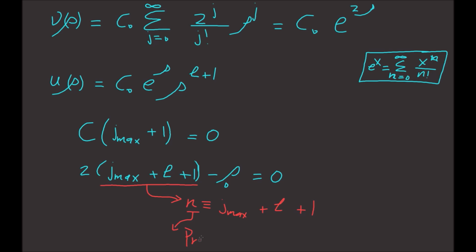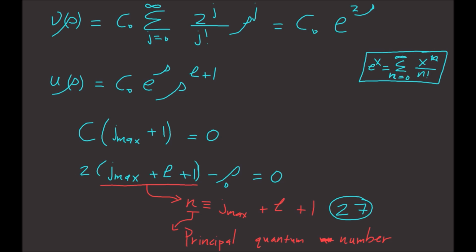It's called the principal quantum number. Here we go. So we defined it as the maximum value of j plus L plus 1, and we call this n the principal quantum number. Let's call this equation number 27, because we're going to refer to it.